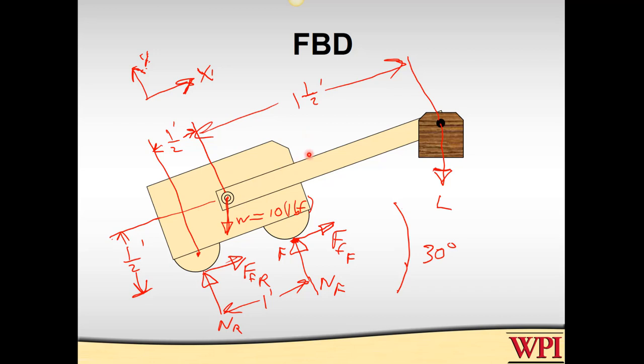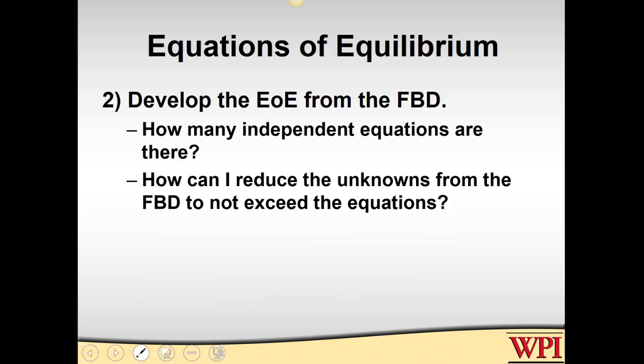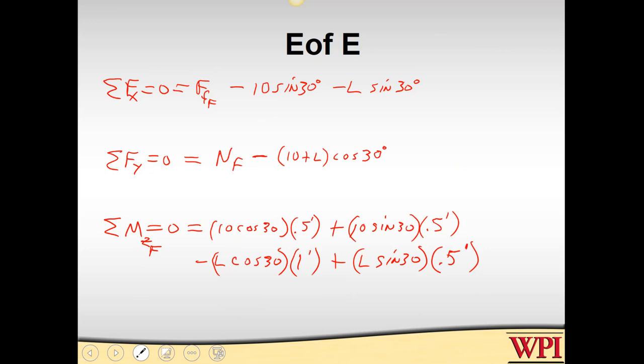So you can see that we have F sub E positive going to the right, and then we have a component L times sine of 30 degrees, and then we also have a component of the weight also times sine of 30 degrees. So that's where these things come from.